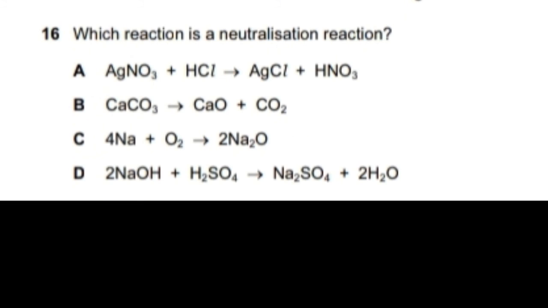Which reaction is a neutralization reaction? You have four chemical reactions. Which chemical reaction shows neutralization? You know a neutralization reaction means acid reacted with alkali to form salt and water.